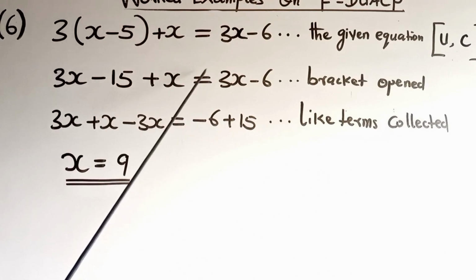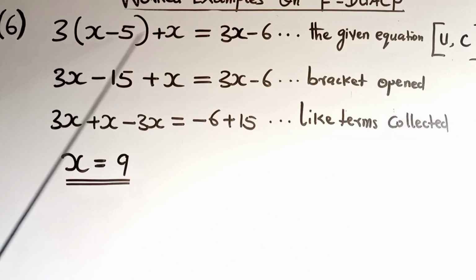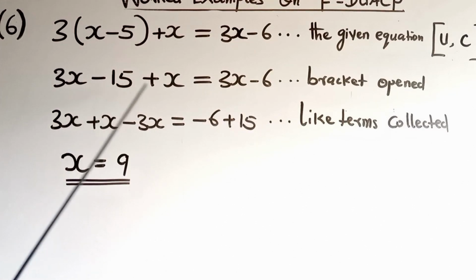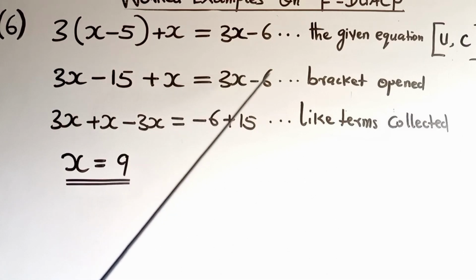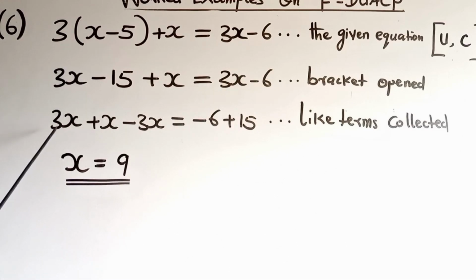In doing so, it crosses this sign of equality. Because of that, this minus 15 becomes plus 15, giving rise to what we have here. 3x plus x minus 3x is equal to minus 6 plus 15. In this case, like terms have been collected.